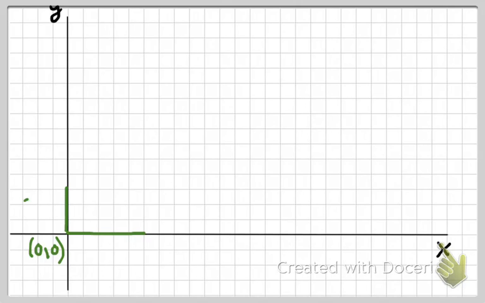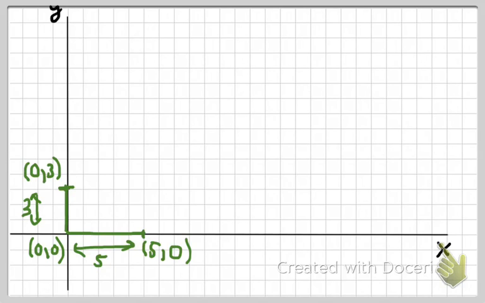Because this was 3 units, that means I went up 3, and this coordinate there is going to be 3 units up and no units to the left or right. So no units left or right, 3 units up. And this one here was 5 units long, so it's 5 units to the right. That's going to make this one here 5, 0, and no units up.